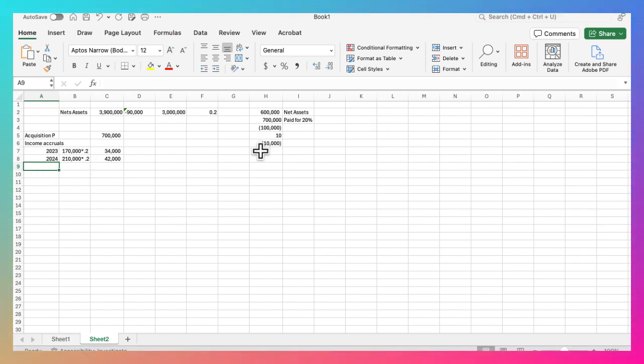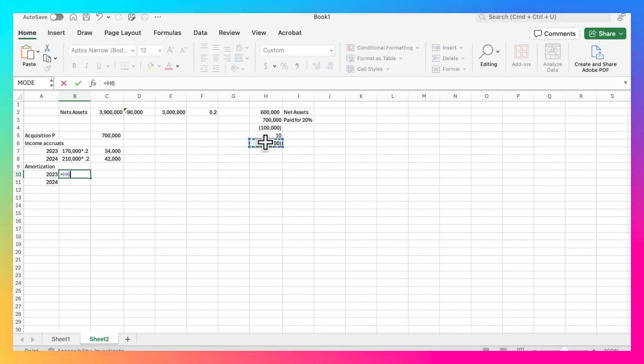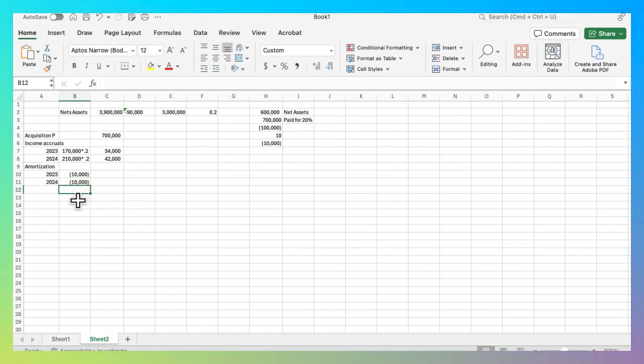Okay. Now over here, we just calculated that amortization, right? So that amortization cost for 2023 and 2024 is going to be identical. It's still going to be the $10,000. Okay? What are we doing here? Well, we're amortizing.